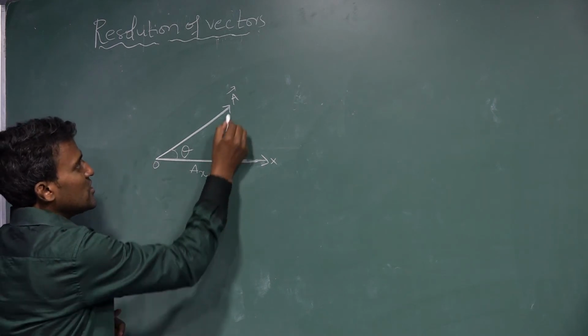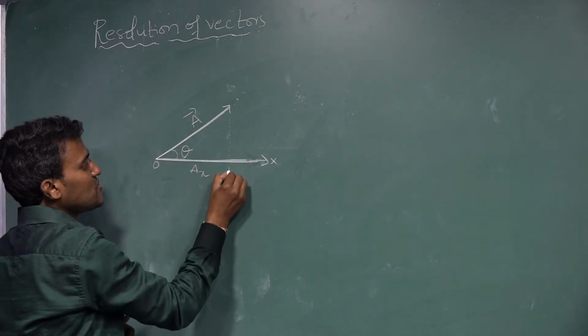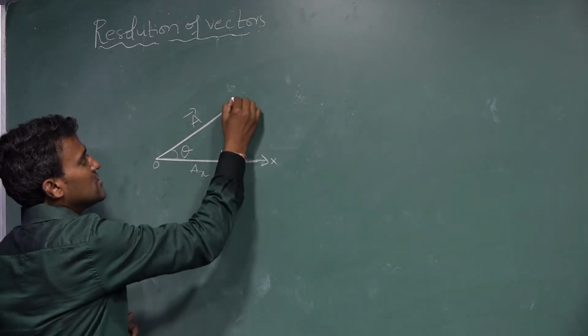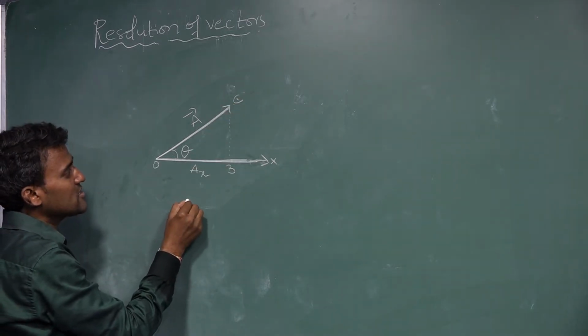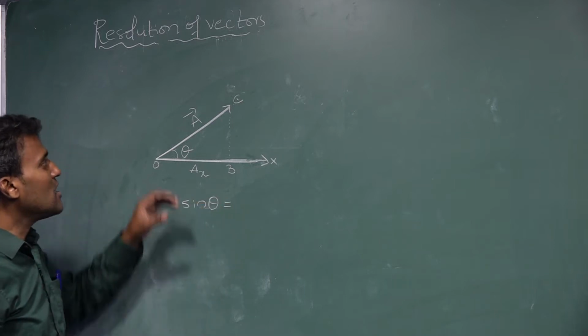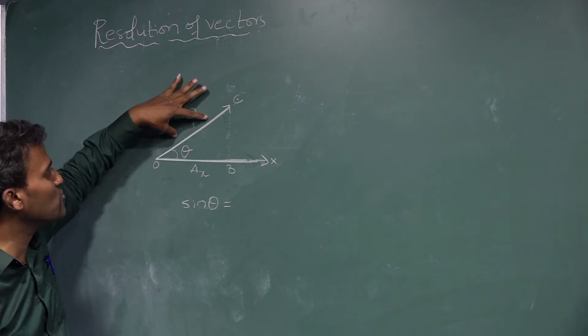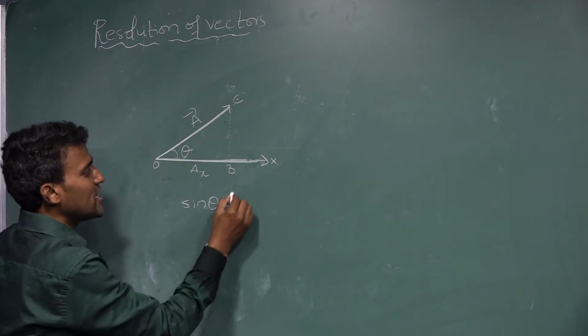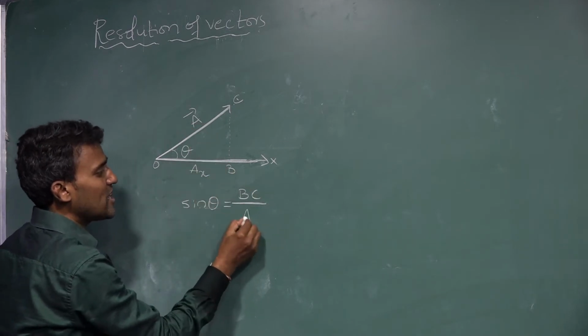Now, this is the A vector. This is B. This is C, I am writing. Sin theta is equal to opposite side by hypotenuse. What is the opposite side? BC is the opposite side and the hypotenuse is the A vector.